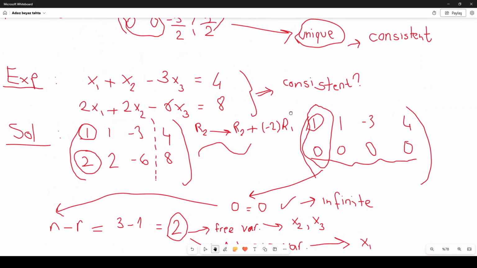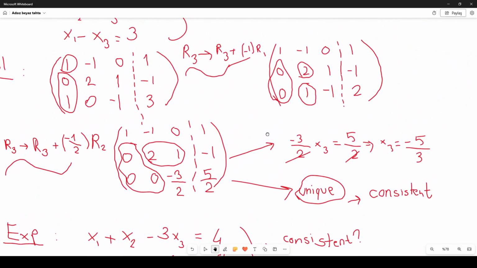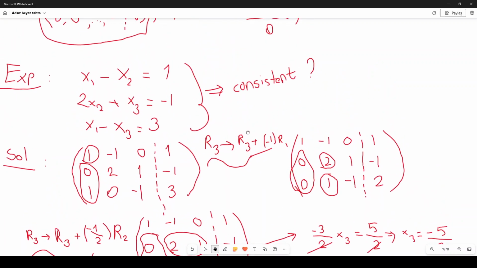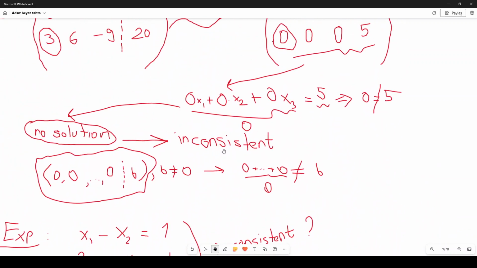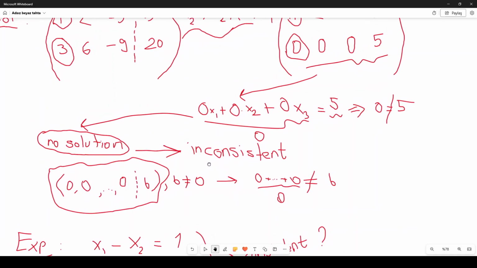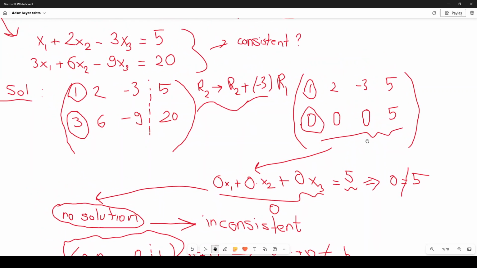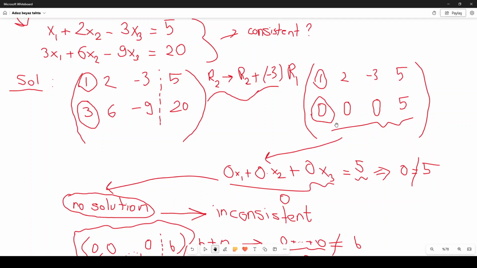And for the unique case, after we are done with the elimination process, we look at the rows. If we have one unknown variable in each row of the echelon form, then we have the unique case. And for the empty solution set, in other words, no solution, we look for some row saying that 0 is equal to something else which is not equal to 0 on the right hand side. So something like 0 is equal to 5, 0 is equal to 7, that doesn't matter.